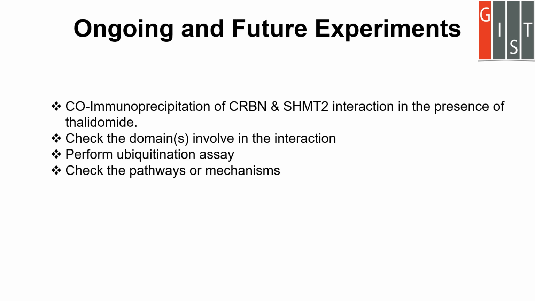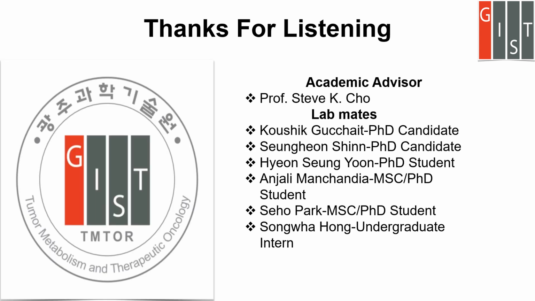Currently, I'm working on a co-immunoprecipitation assay of CRBN and SHMT2 interaction in the presence of thalidomide. And then I will move on to check the domains involved in the interaction, perform a ubiquitination assay, and also check the pathway or mechanism involved in this interaction.